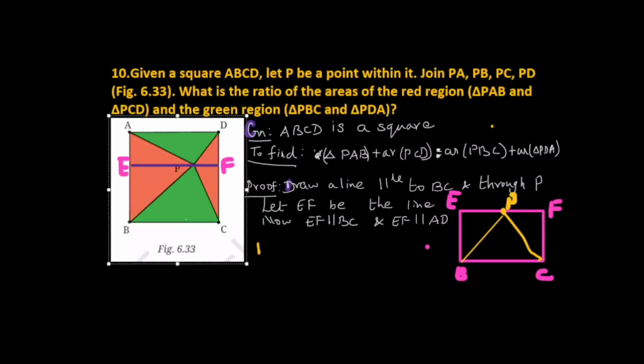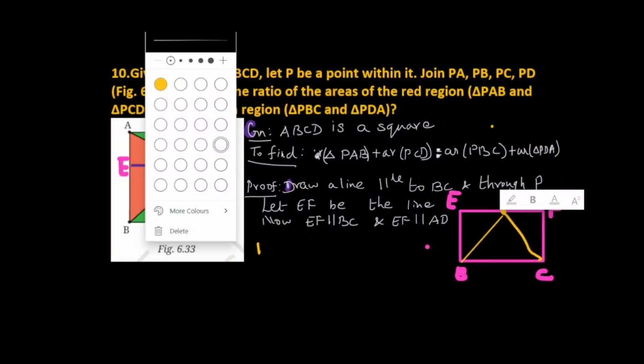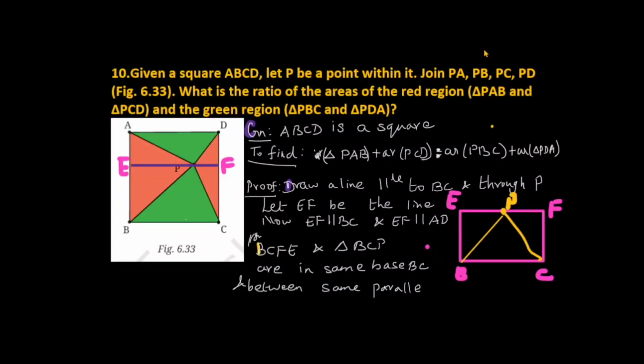So parallelogram BCFE and triangle BCP are on the same base BC and between the same parallels, that is, BC parallel to EF.